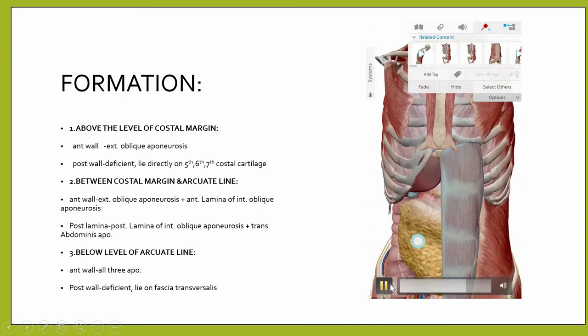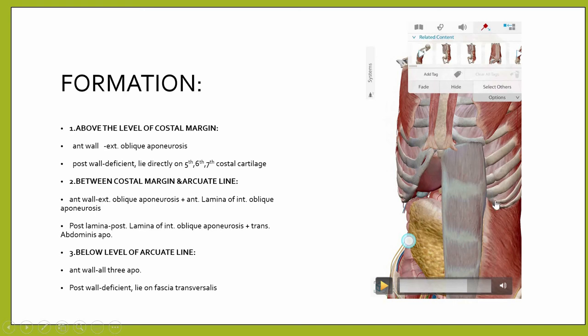Above the level of the costal margin, the posterior wall, which is deep, lies directly on the 5th, 6th, and 7th costal cartilages, which is clearly visible here. The anterior wall is formed by the external oblique, which we removed before. So as I said, the anterior wall is formed by the external oblique aponeurosis, and the posterior wall is deficient superiorly, above the level of the costal margin.